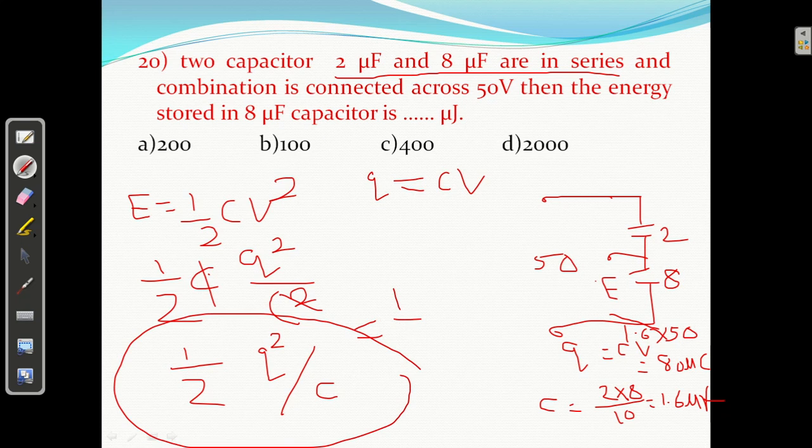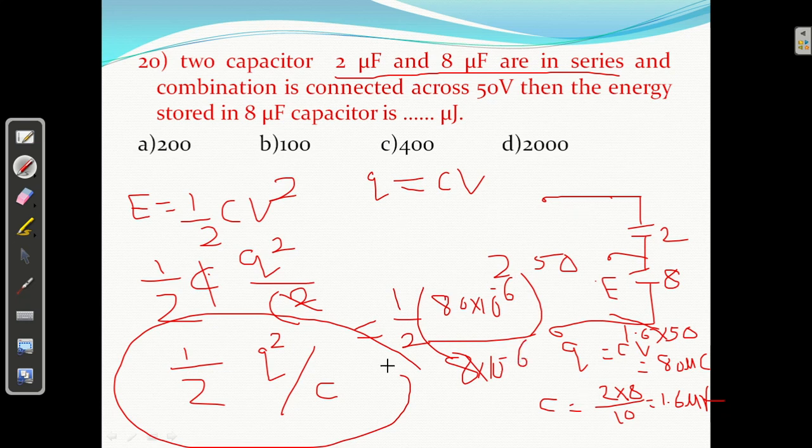1 by 2 Q, how much is it? 80 into 10 raised to power minus 6, 80 microcoulomb, its square, upon C, how much? 8 microfarad.